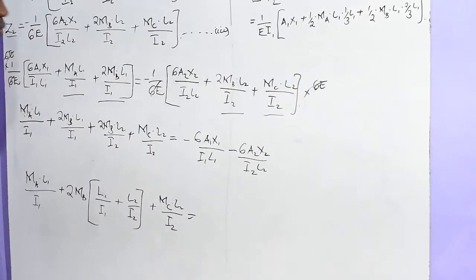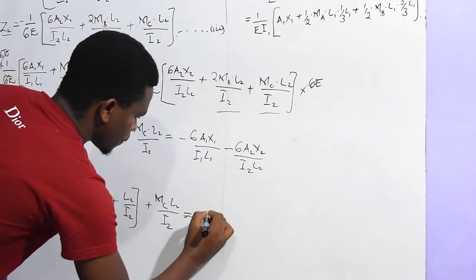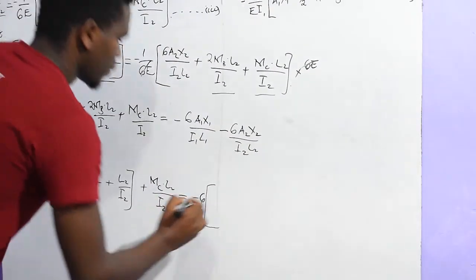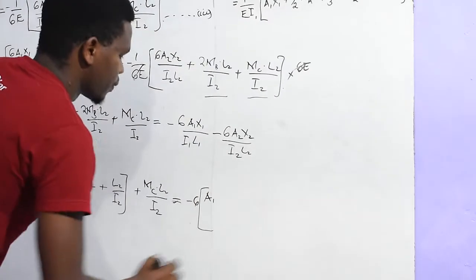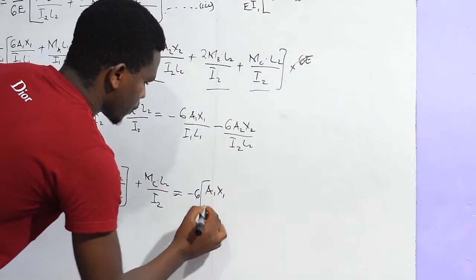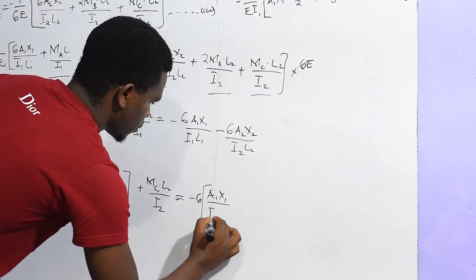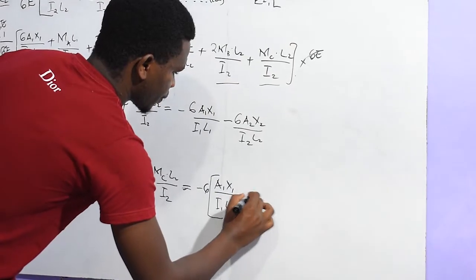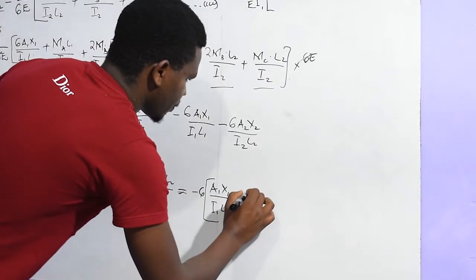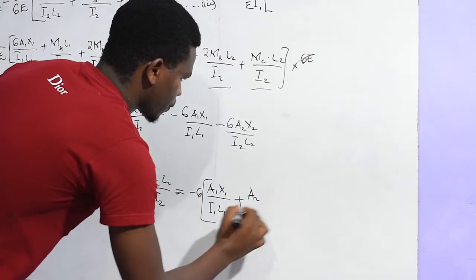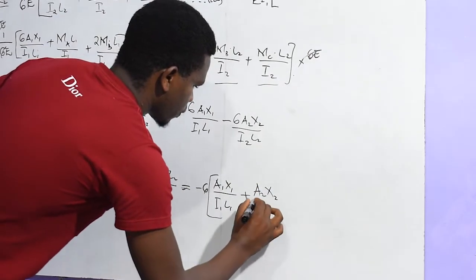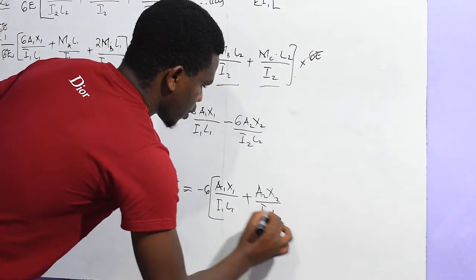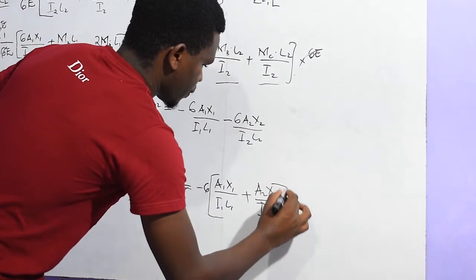This one we can factor out negative 6, and the bracket is area 1 x1 all over I1 L1, put a positive, area 2 x2 all over I2 L2, like so.